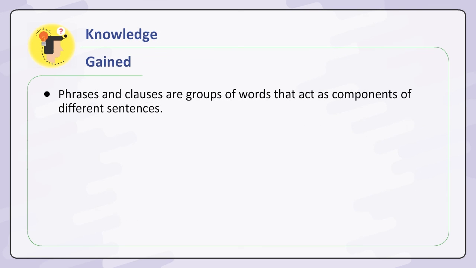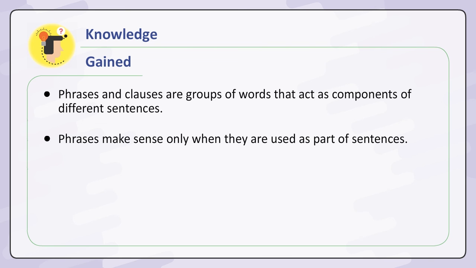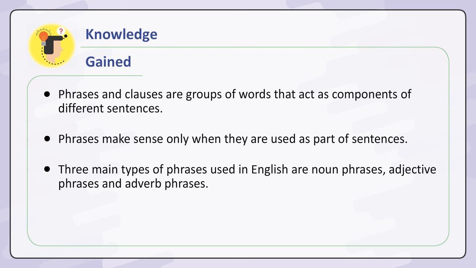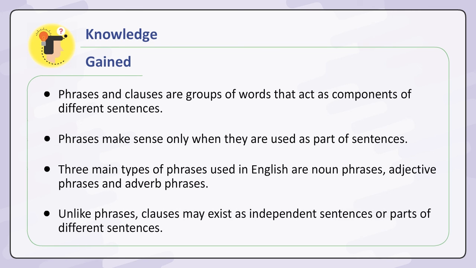Knowledge gained. Phrases and clauses are groups of words that act as components of different sentences. Phrases make sense only when they are used as part of sentences. Three main types of phrases used in English are noun phrases, adjective phrases, and adverb phrases. Unlike phrases, clauses may exist as independent sentences or parts of different sentences.